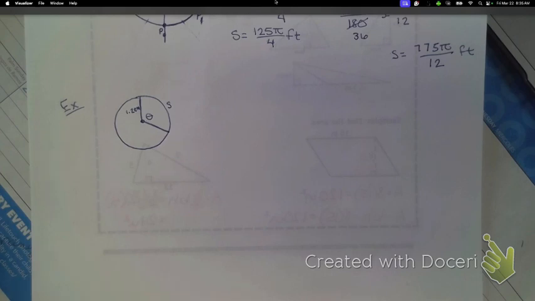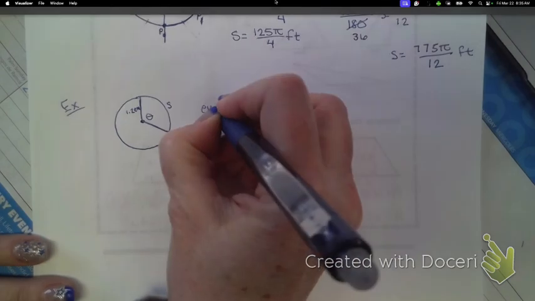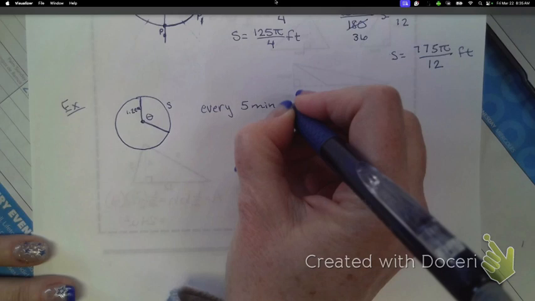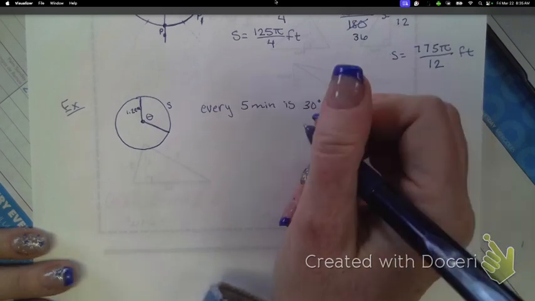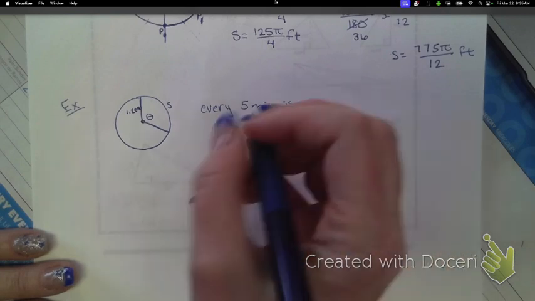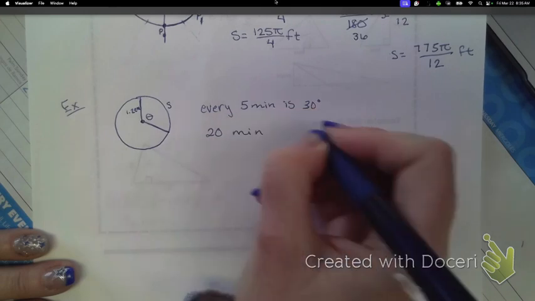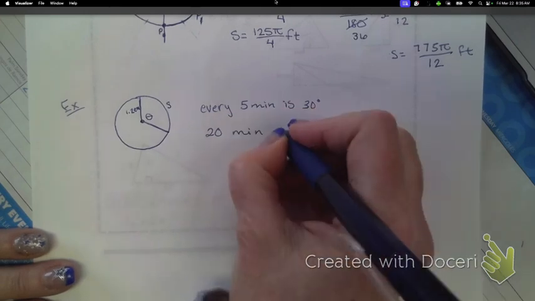So if I got 20 minutes, every 5 minutes is 30 degrees. So 20 minutes is how many? 120 degrees.